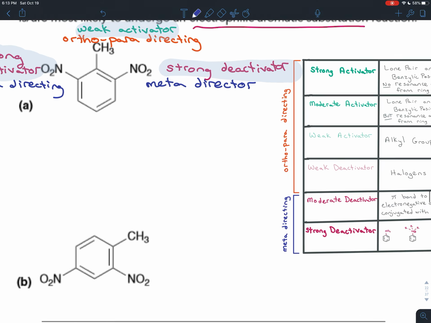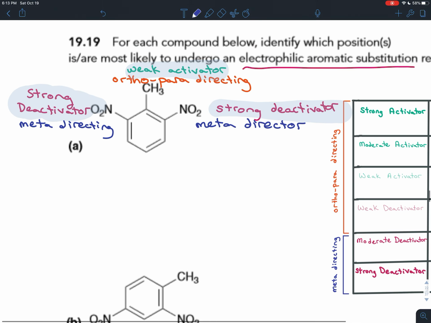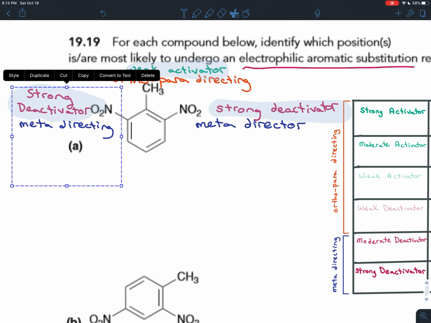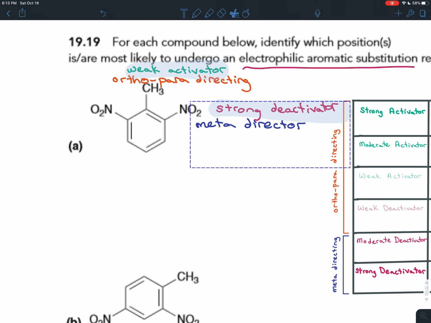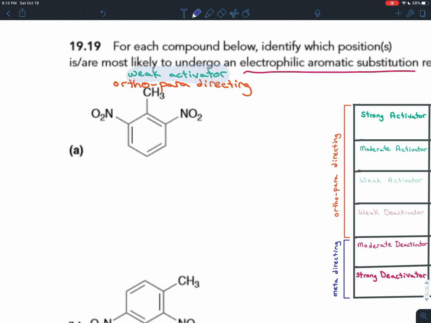You could think of it as being the highest up on this table. A weak activator is higher up than a strong deactivator. And so we're going to use the directing effects of that thing. So we're not going to consider the directing effects of the weaker activators. We're only going to consider the directing effect of the most activating thing.